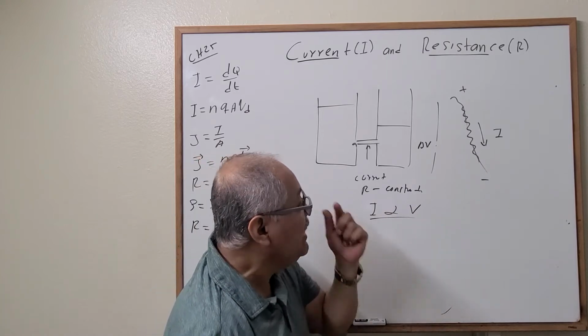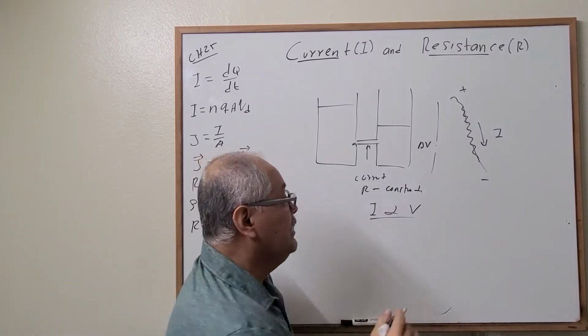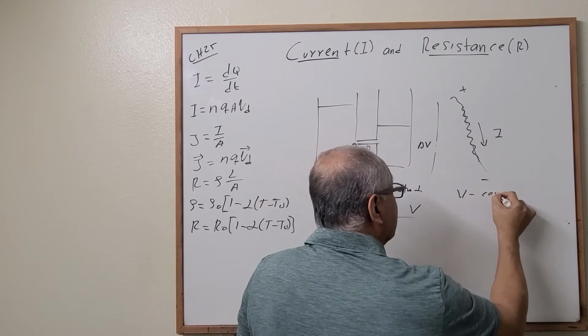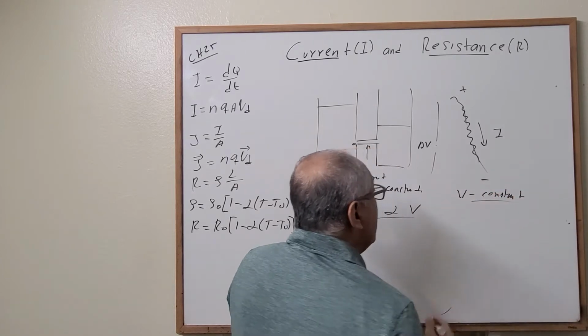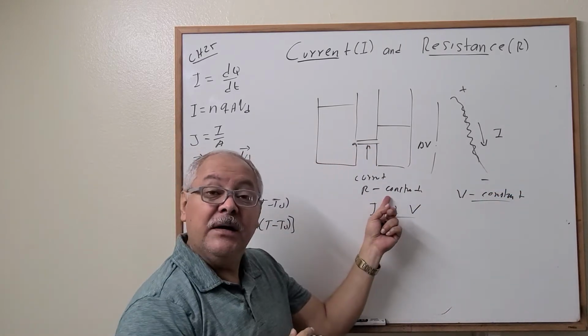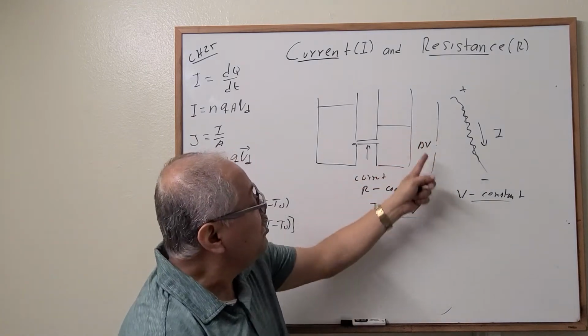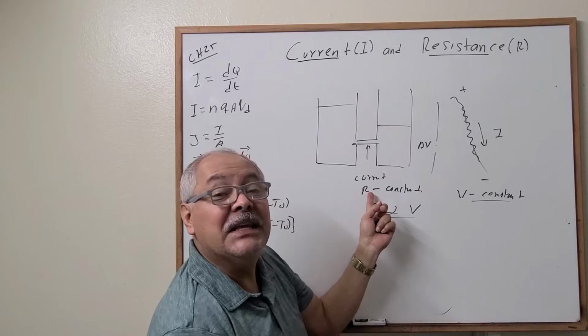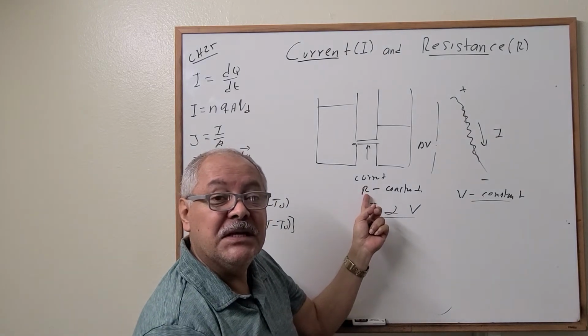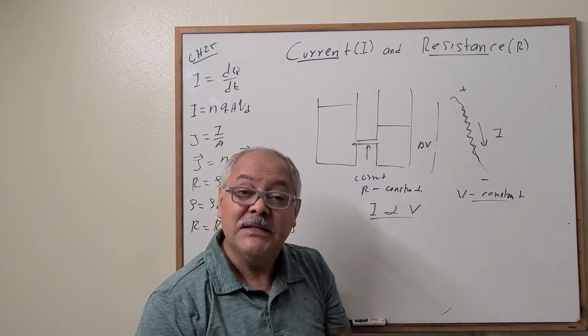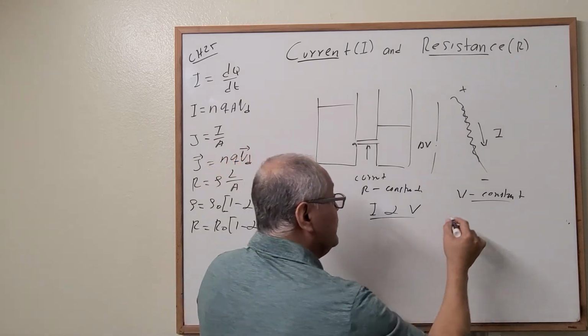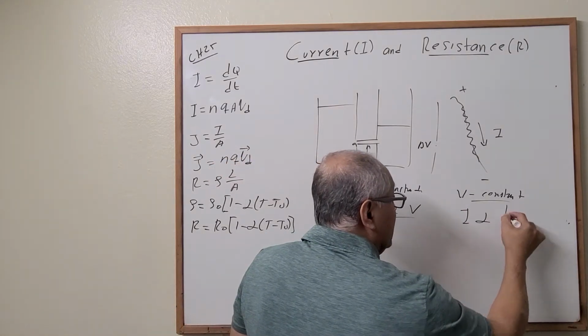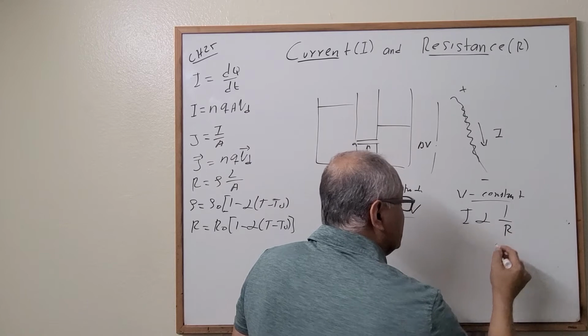What happens if the voltage is constant? When V is constant, and now we change the resistance. If the resistance increases, the current decreases. So we can represent this in this way: the current is inversely proportional to the resistance.